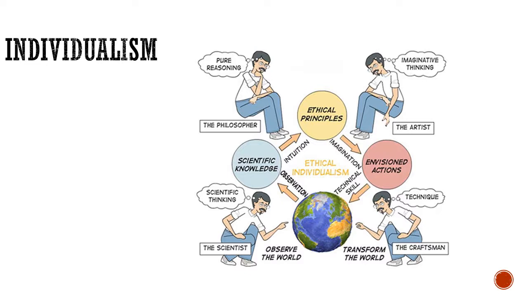And I like this image on the right here because in some ways you have what individualism leads to, right? This imaginative thinking, the craftsman, the engineer, the scientist who observes and has scientific thinking, and the philosopher that just reasons and comes up with different ways of thinking about the world.